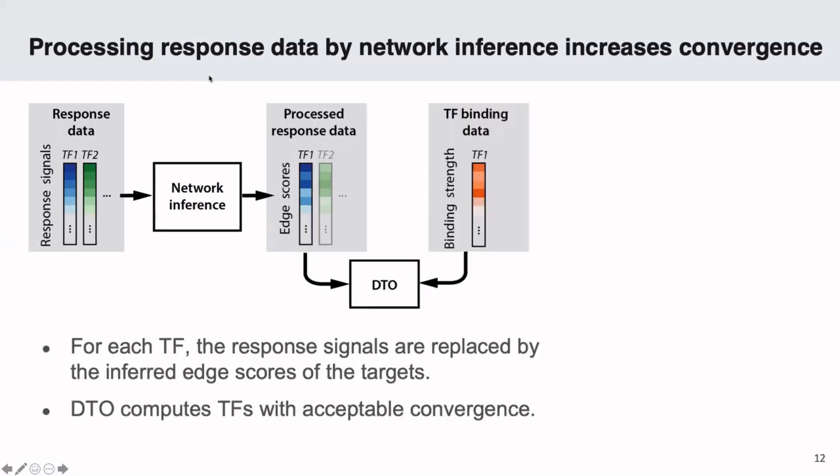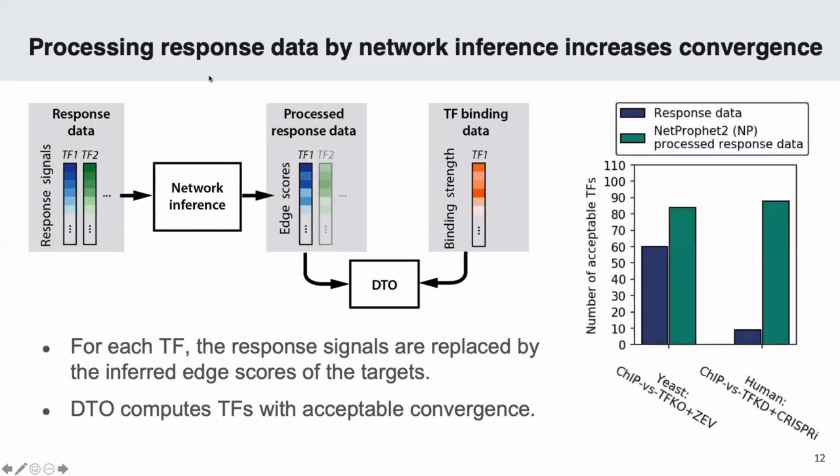Then we compared the processed response data with the original TF binding location data and processed that through dual threshold optimization. And here's what we got. For yeast, we show improvement by processing using network inference.